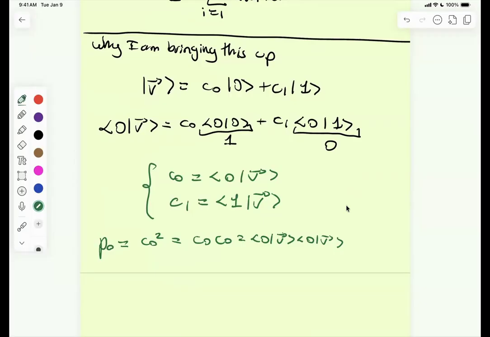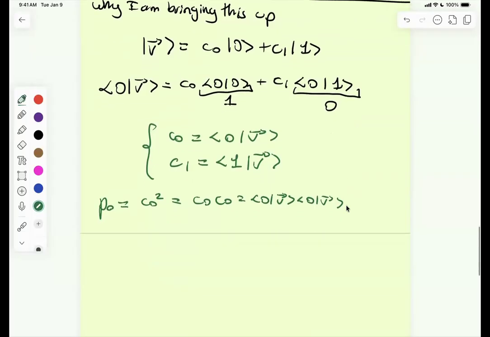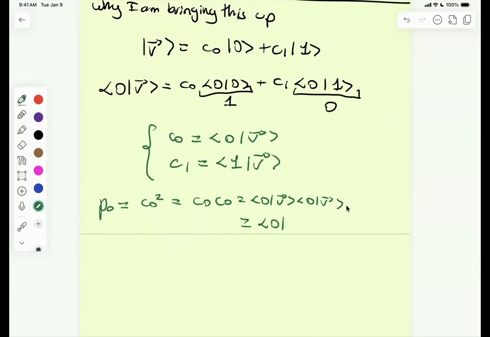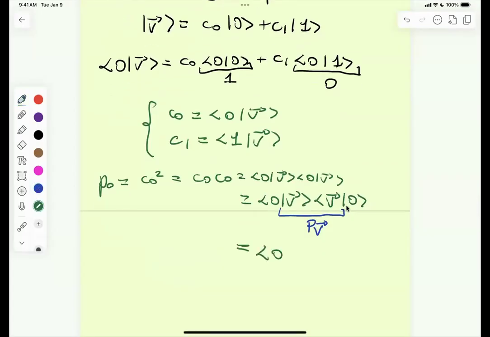You can put them in any order, so I'll just swap one of these two. But you see our friend, the projection here. This is the projection onto v, so you can write this as 0 P_v 0.